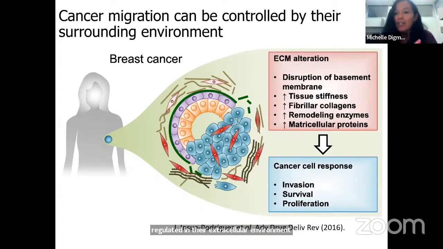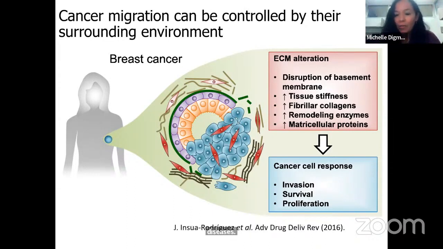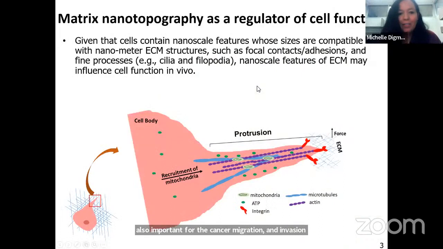We know that the extracellular matrix, or the ECM, the disruption of the basement membrane causes tissue stiffness, fibrillar collagen, like you saw before, not just in cancer, but in other diseases, such as fibrosis and kidney diseases. But we also know that the extracellular environment is also important for the cancer migration and invasion and their survival and proliferation.